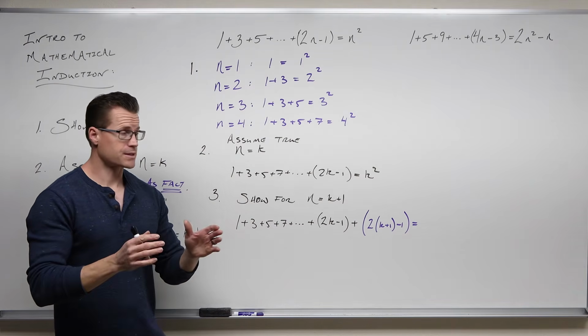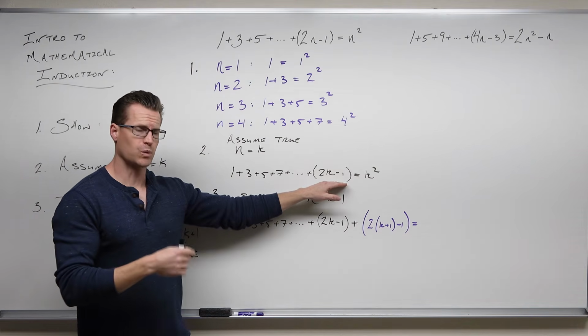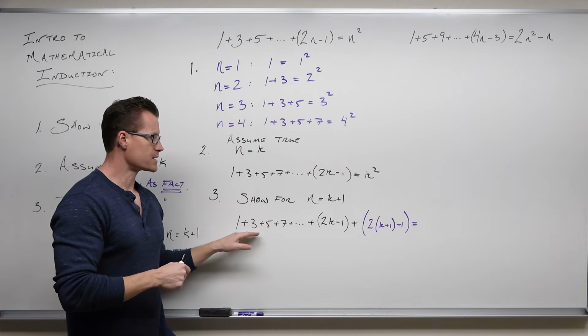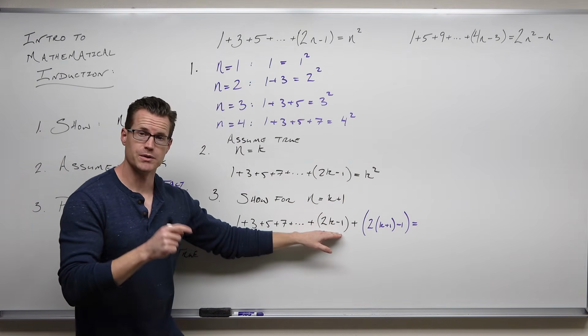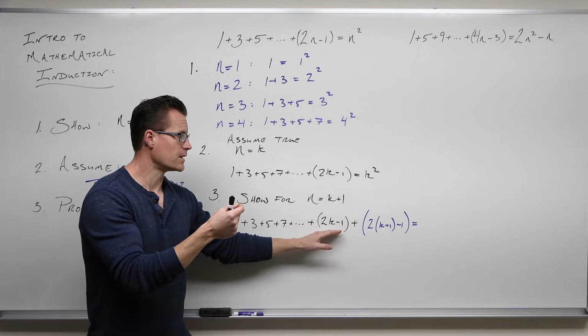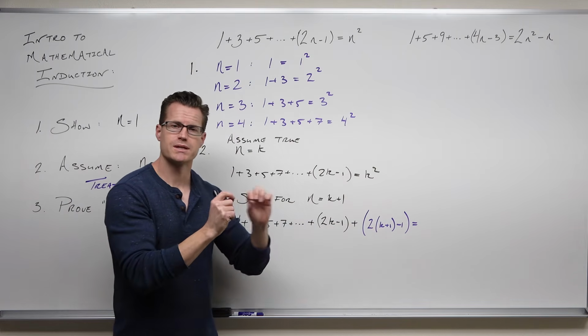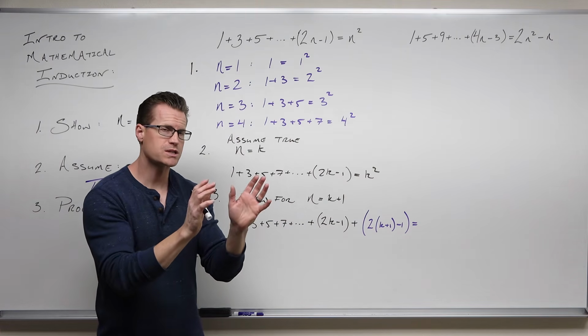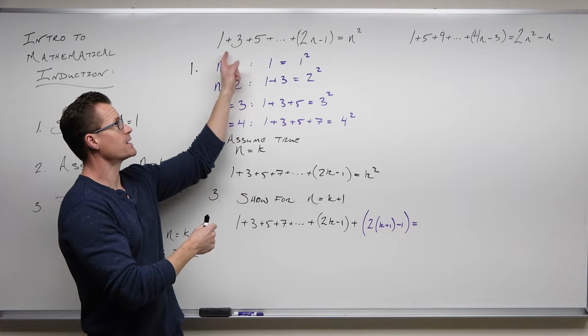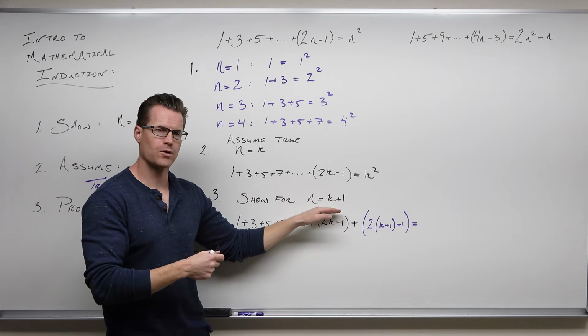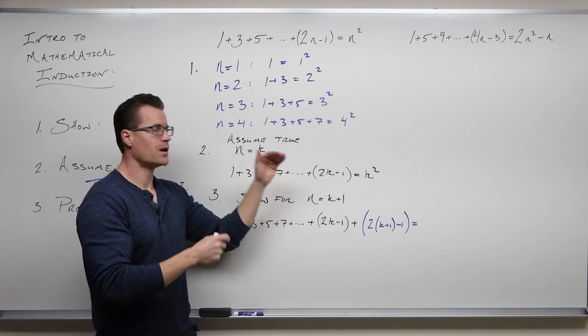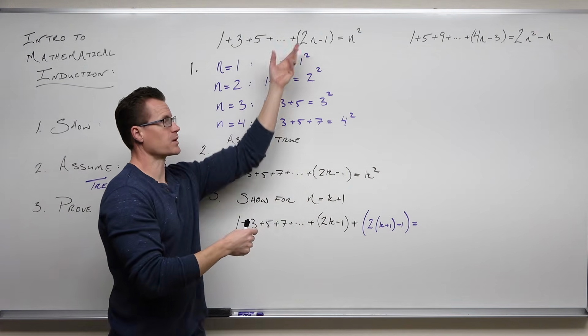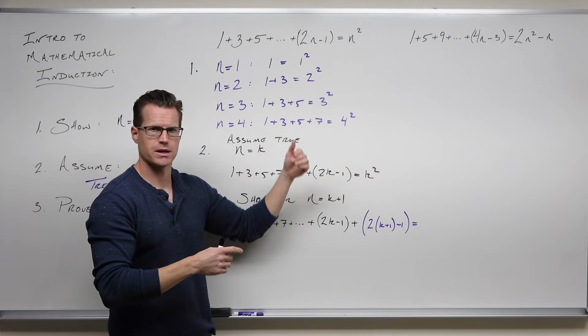So this is stopping at k. We're assuming that's true. This is stopping not at k, but notice we have one more term. Let's stop at k plus 1. So this is the idea of the next term. I hope that you're seeing that we're going one more further than where we stopped here. For this one, we said, let's plug in k. Let's assume it's true for when we plug in k.